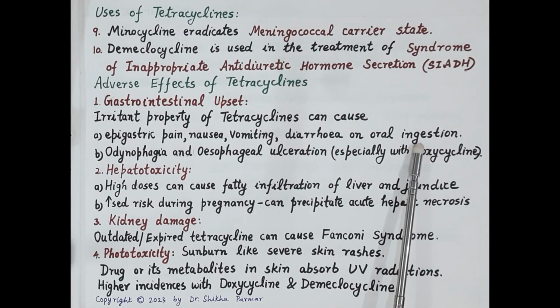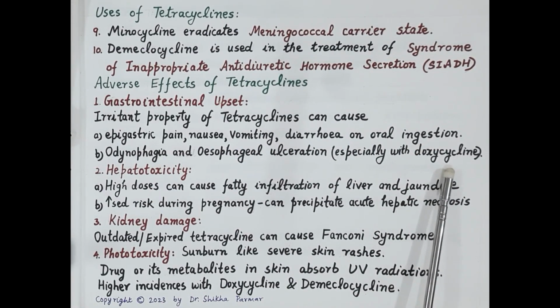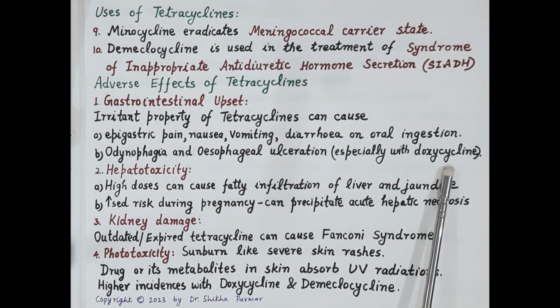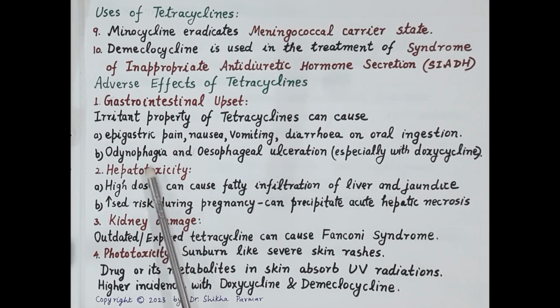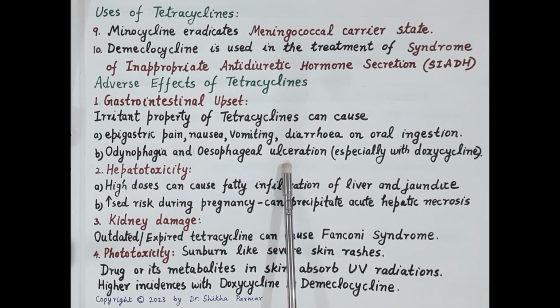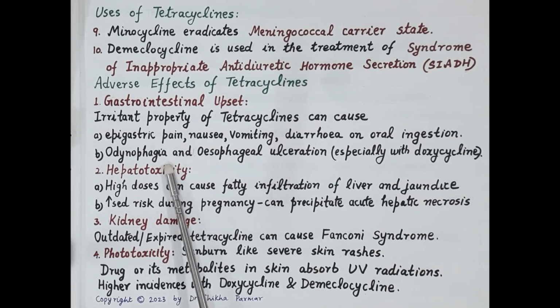Now, in addition to this, especially with doxycycline, if the doxycycline is released from the capsule while swallowing in the esophagus, then it can cause odynophagia, that is the painful swallowing, and esophageal ulceration, that is ulcers in the esophagus. This is due to the irritant property of doxycycline. So doxycycline, when it comes in contact with the wall of esophagus, it causes odynophagia and esophageal ulceration.